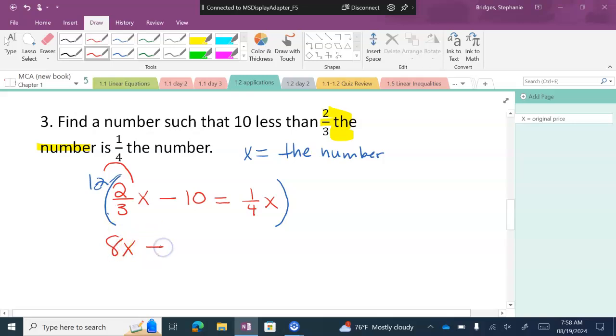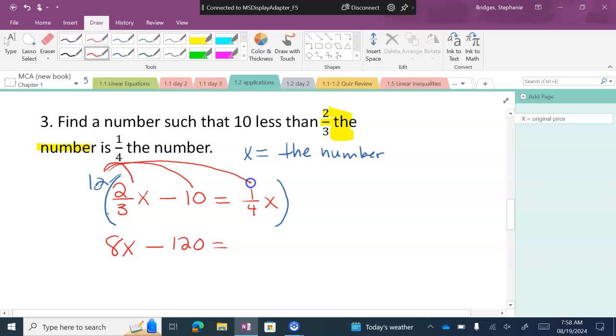Bring down that minus sign. Don't forget that that 10 wants to be multiplied by the 12 as well. Even though it's not a fraction, it still gets multiplied. What is that going to be? 120.